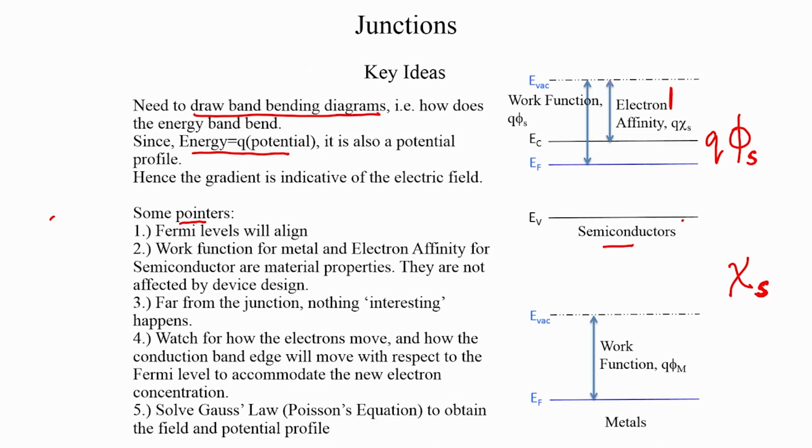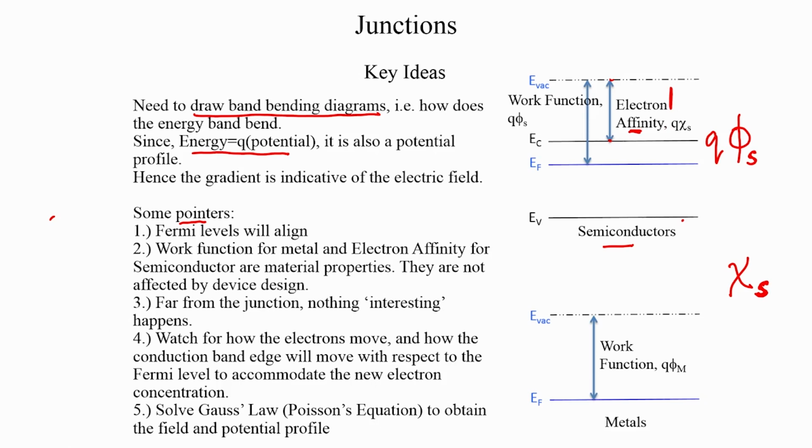So you cannot really change this energy difference between the vacuum energy level and the conduction band edge. That is a useful pointer to remember: the electron affinity for a semiconductor is fixed.